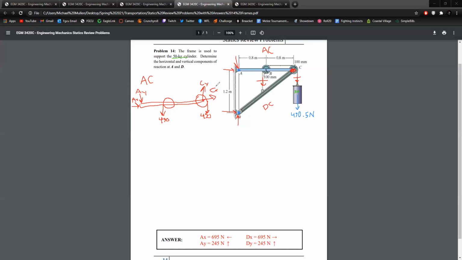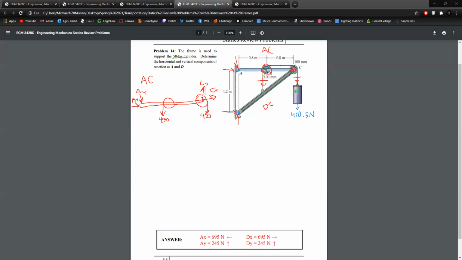So we can start off by, and real quick, important to note that these 490s are not exactly lined up with B and C because of the radius of the pulleys. The pulley has a radius of 100 millimeters or 0.1 meters. So this 490 is actually 0.7 away from AY, away from A in general. And the 490 on the right is 0.1 meter away from C.